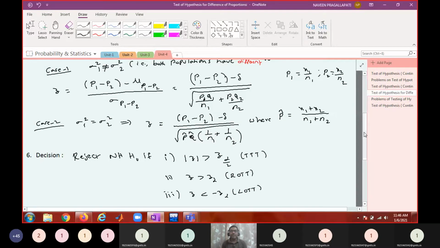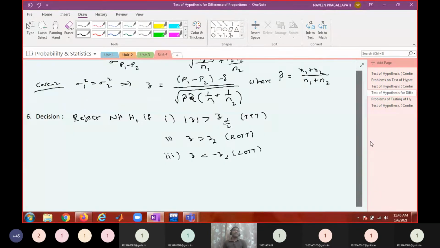Okay, so this is the testing procedure when you are testing two population proportions.